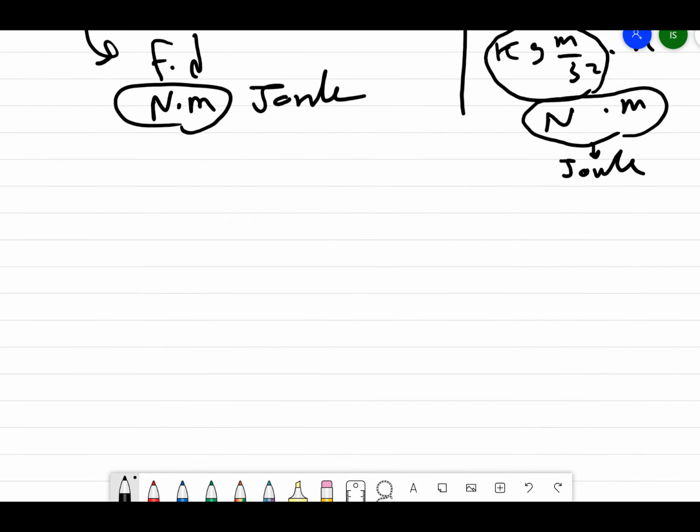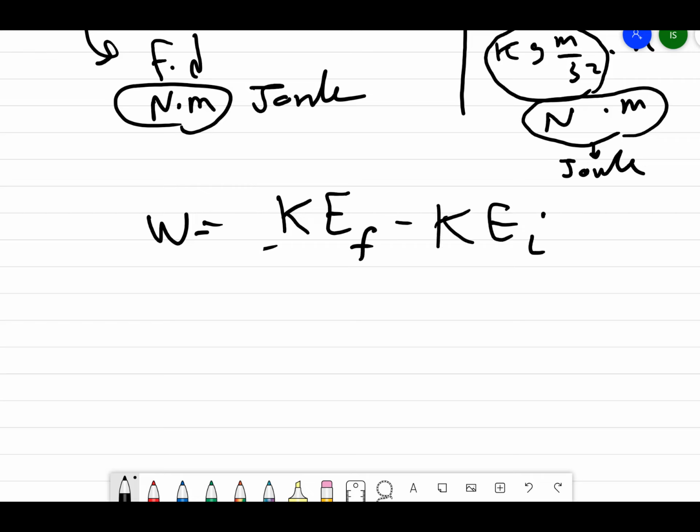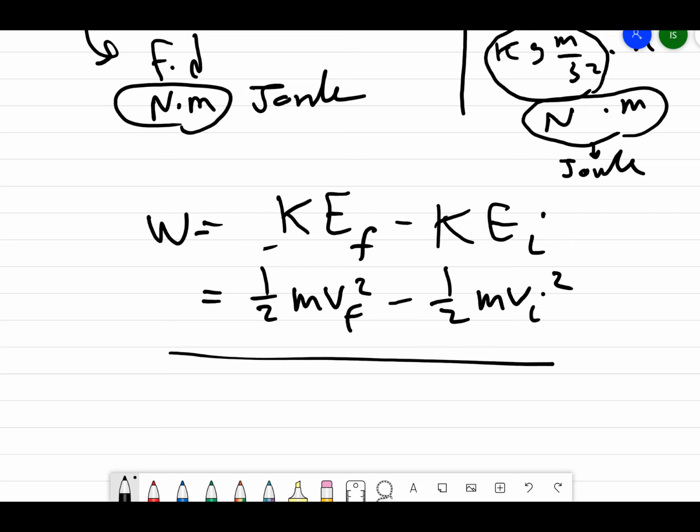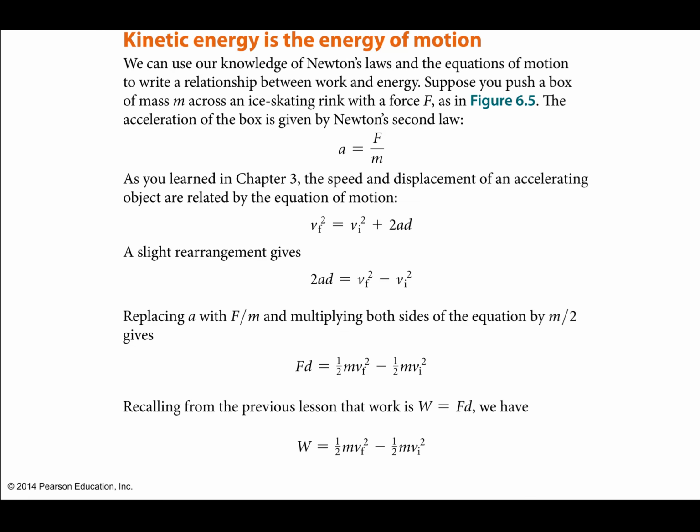So the work done changes the kinetic energy: final kinetic energy minus initial kinetic energy, or half m v final squared minus half m v initial squared. This is the law, the work-energy theorem. Let's go back to our PDF.